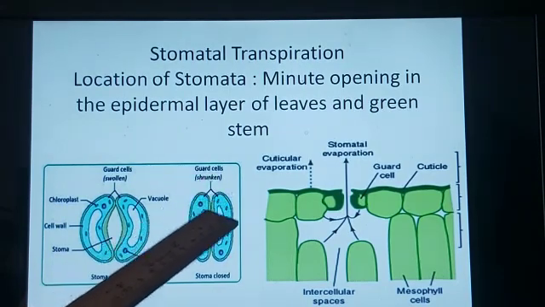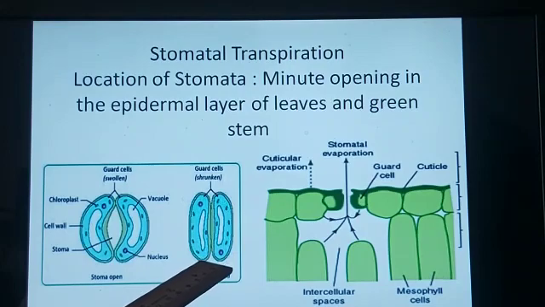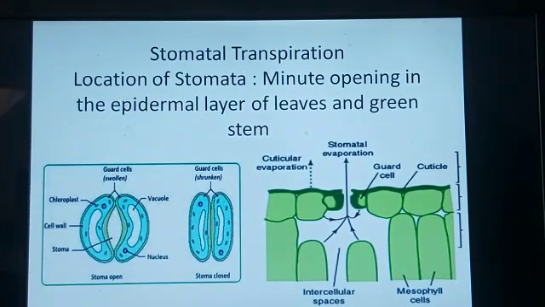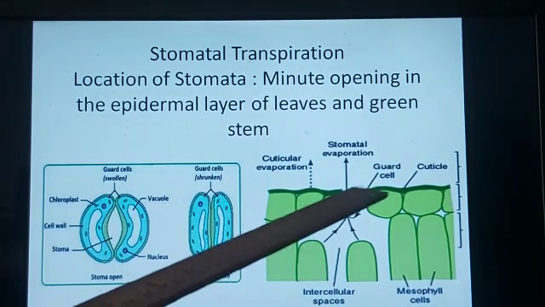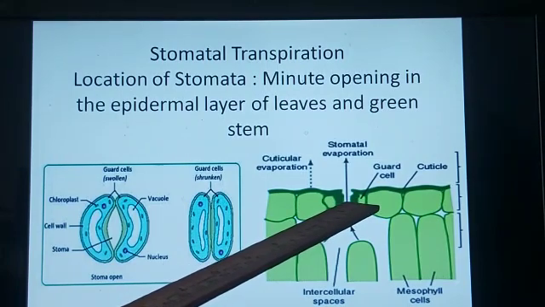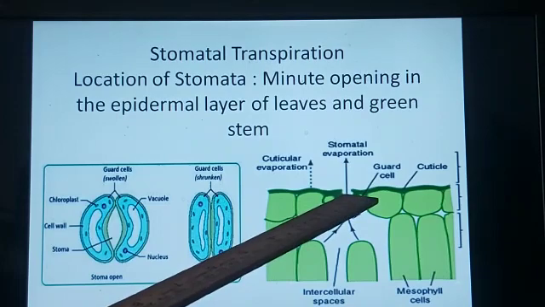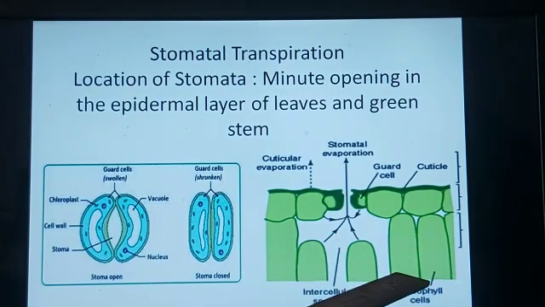And when the guard cells become flaccid or shrunken, then the stomatal pore in between the guard cells also closes automatically. Now here you can see the vertical section of the leaf, and you can see the guard cell and the stomata. Stomatal pore is present in between the guard cells, and these are the internal cells of the leaf.